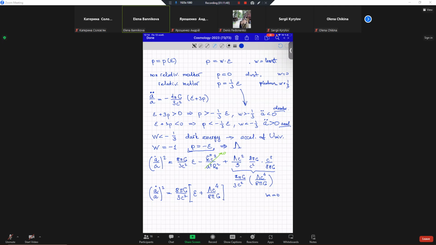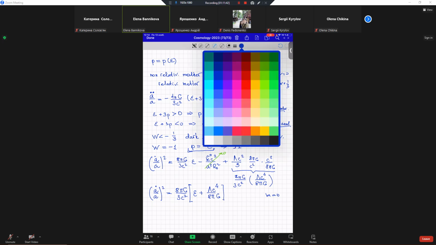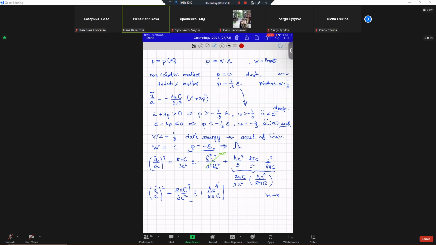So it's understandable that this summand has a dimension of energy density, and I can call it epsilon lambda, just to clarify that this corresponds to the lambda term.